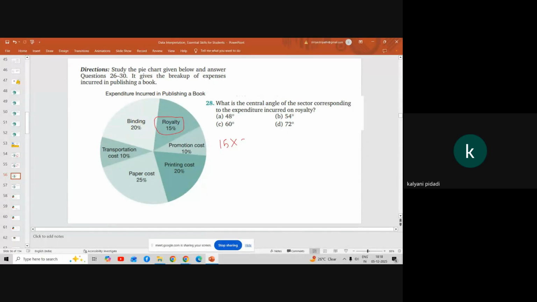3.6. Lovely. 3.6, which is nothing but, this is a percentage, so we are saying 360 divided by 100. So 15 into 3.6. Quickly give me an answer. 54 degree. See, in pie chart, this is a common pattern which you're observing. There's a question in terms of angle, so please make sure there might be a good probability it may be asked.